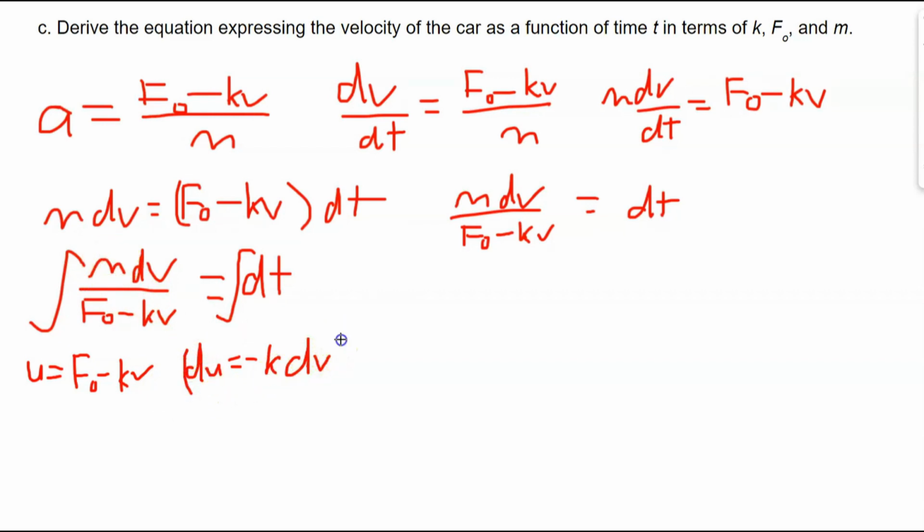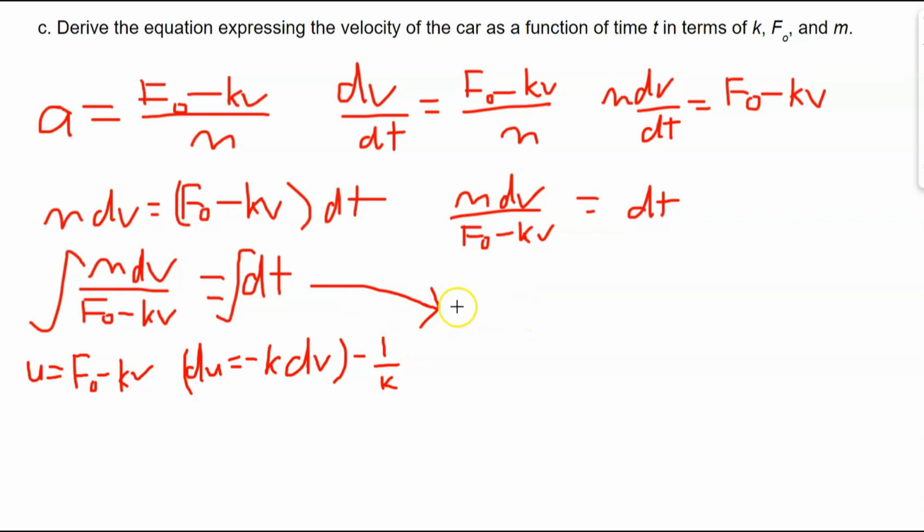And all we really have to do is just get rid of this negative k. So if we multiply this by negative 1 over k, that should cancel out the negative k, and we're just going to be left with m. So let me just draw an arrow right here, and I'm going to move the m outside just to make it a little more clear.